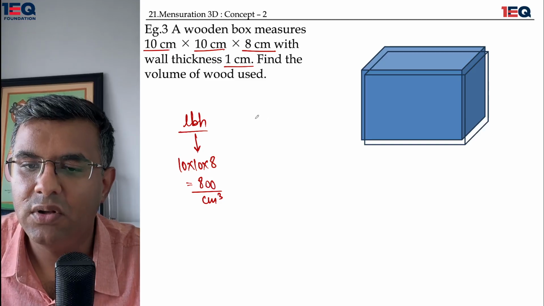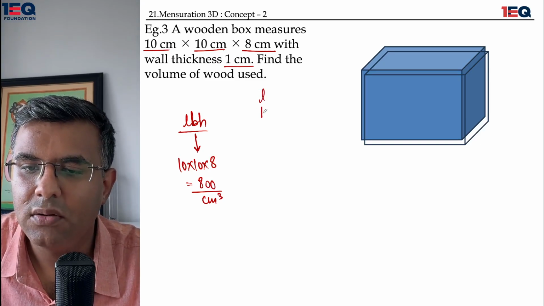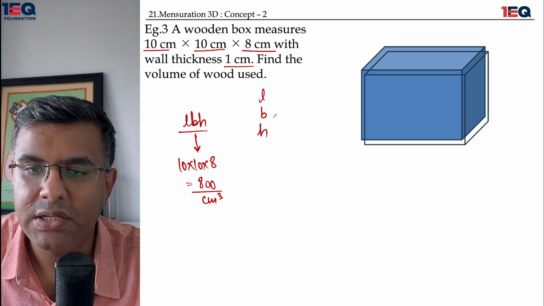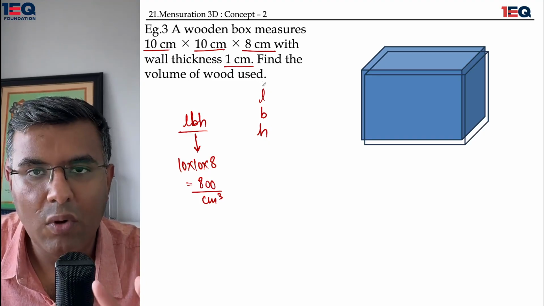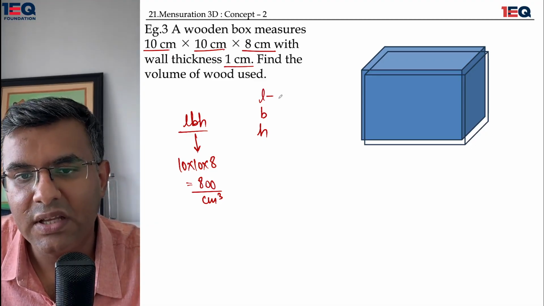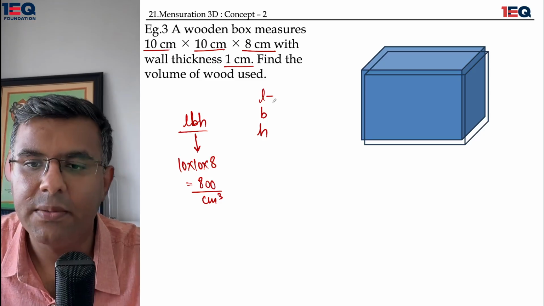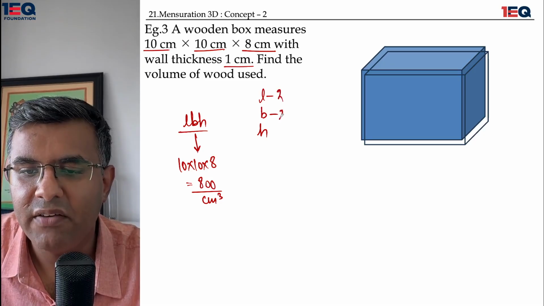It will also be found with the help of LBH, but the dimensions would have reduced now. The wall thickness is 1. We need to reduce twice the thickness from each dimension. So twice the thickness is 2: L minus 2, B minus 2 and H minus 2.